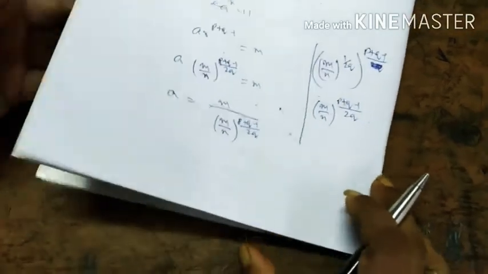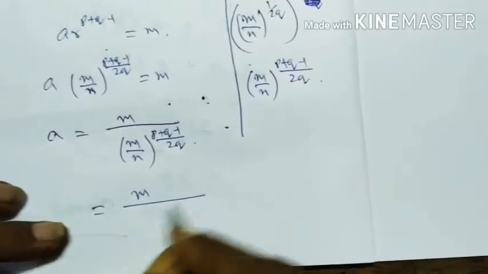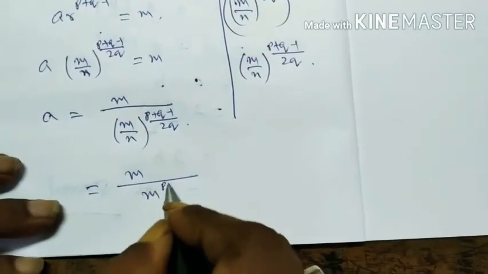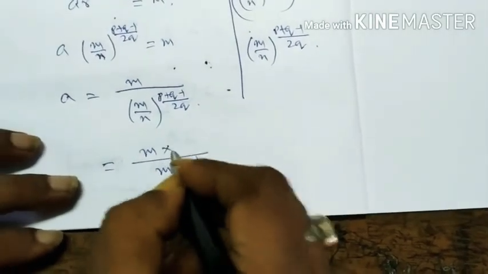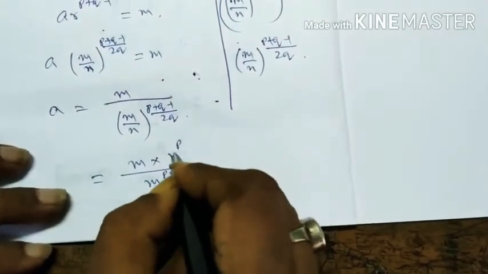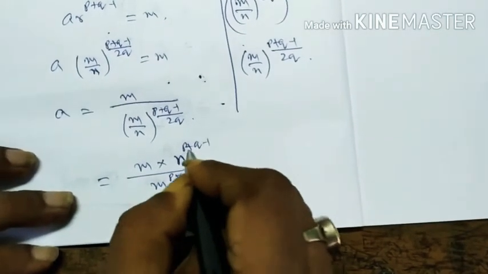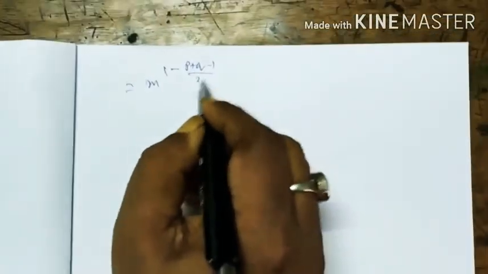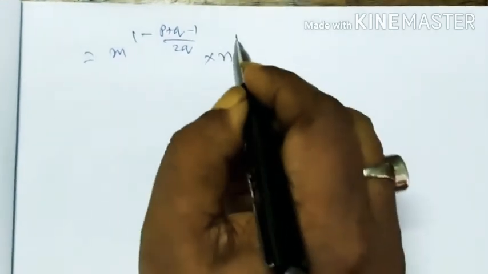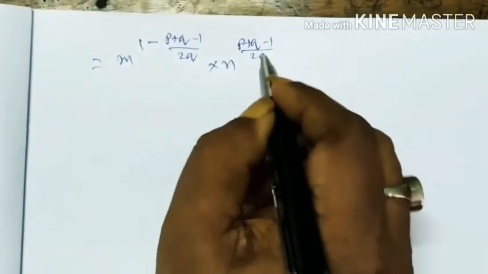So I'm going to do some simplifications. That is M, now M to the power (P plus Q minus 1) by 2Q, and here N will go to the numerator, N to the power (P plus Q minus 1) by 2Q. Now according to the indices rule, it will be M to the power 1 minus (P plus Q minus 1) by 2Q, into N to the power (P plus Q minus 1) by 2Q.